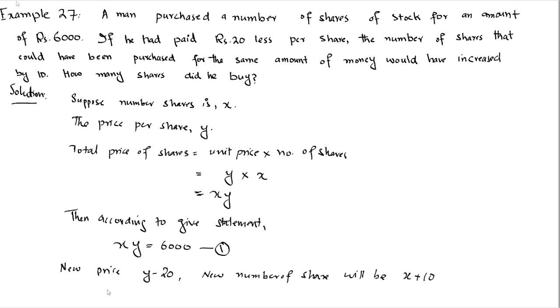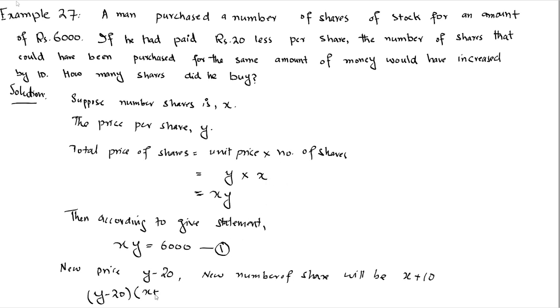Now as the paid amount will be the same, similar to the previous logic that the total price of shares is equal to unit price into number of shares, we can write the same: the total price, which is this 6,000, equals the new price of share multiplied by the new number of shares.